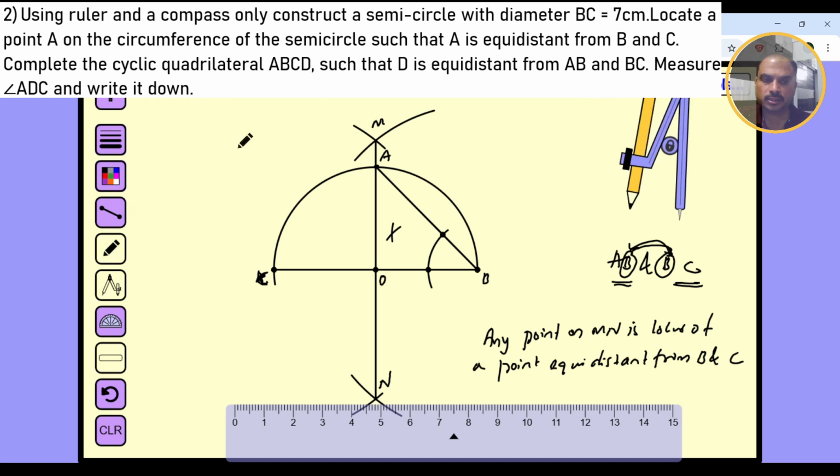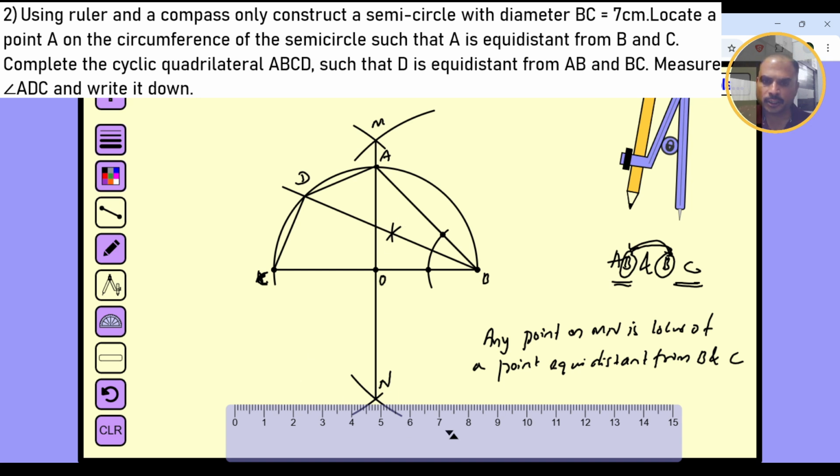So I will just connect this angular bisector with D, which goes and meets the semicircle at D. So this is the required point. So now ABCD is nothing but the required cyclic quadrilateral. Why am I calling it a cyclic quadrilateral? Because the vertices of the quadrilateral lie on the semicircle.